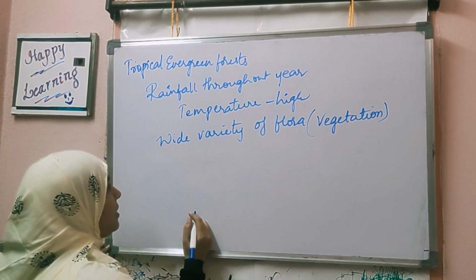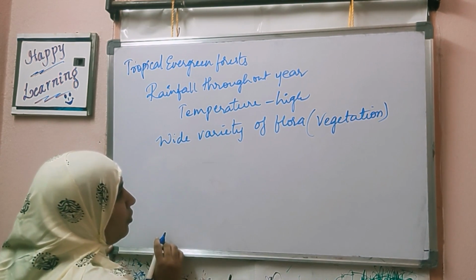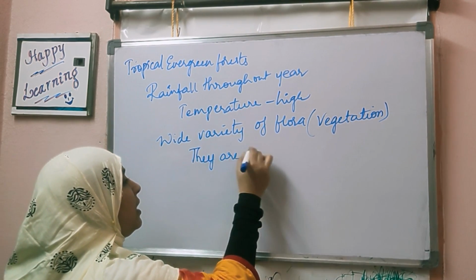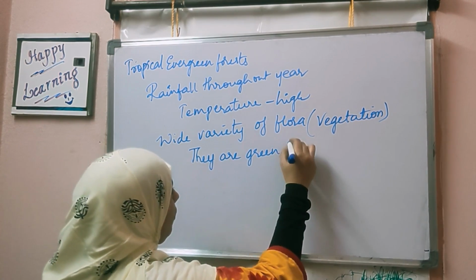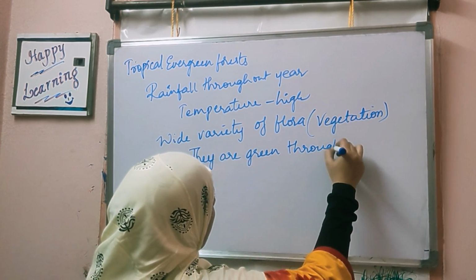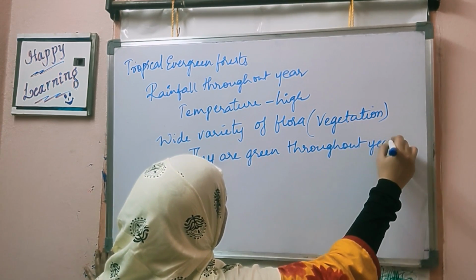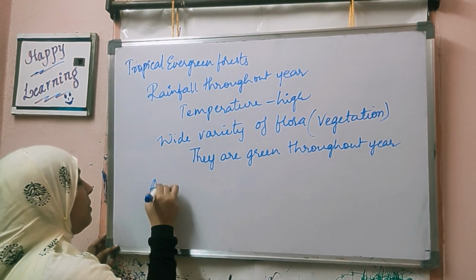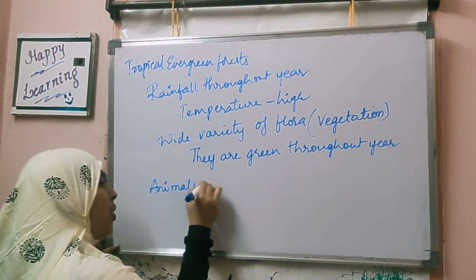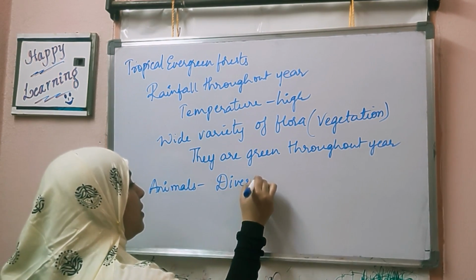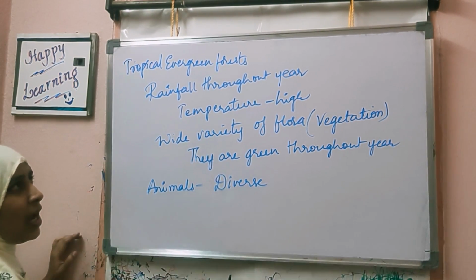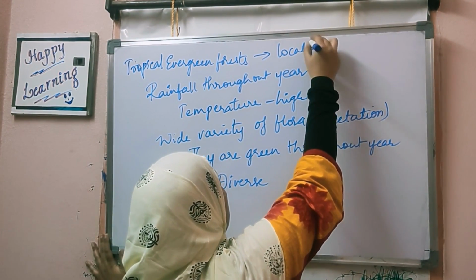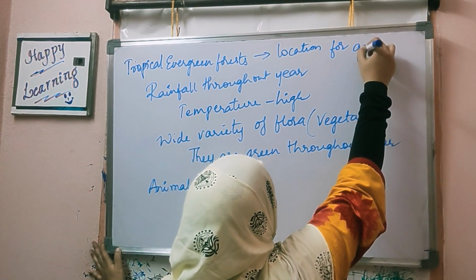A wide variety of flora is found here, and they are green throughout the year because of abundant rainfall. Since all different types of plants are available, the animals found here are also diverse. So evergreen forests are the location of great biodiversity.